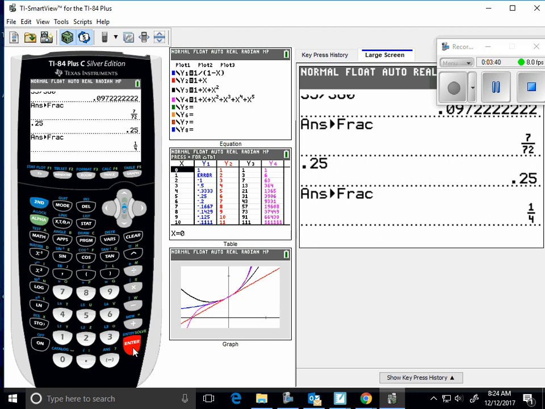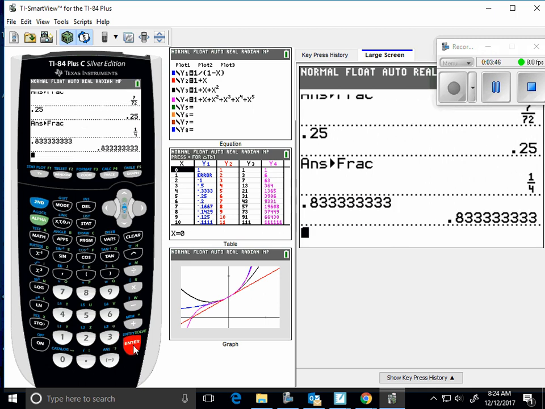Does anybody know what fraction this is? 0.833333333. Anybody know what the fraction is for that? Anybody play basketball? You hit 5 out of 6 free throws.